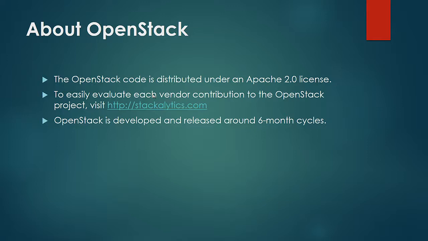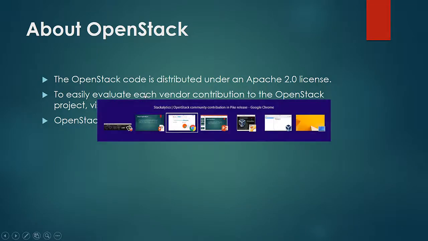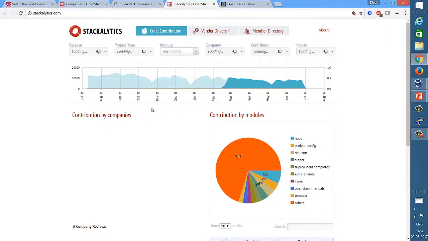If you want to learn more about vendor contribution, you can go to Stackalytics. This is how the website looks, and this is where you can see who is contributing to the OpenStack project.